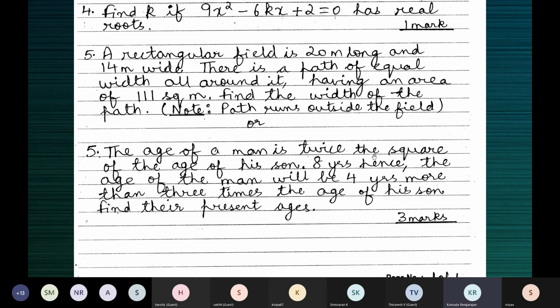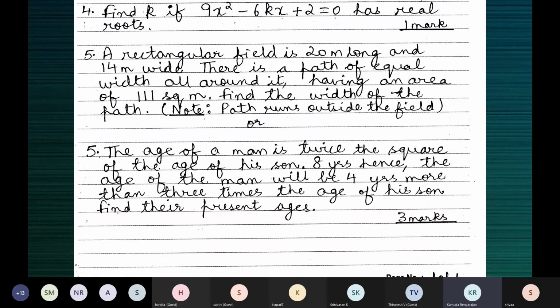The father's age will be 2x square, because here, if the son's age is X, then the father's age is twice the square of the son's age. So their present ages are X and 2x squared.